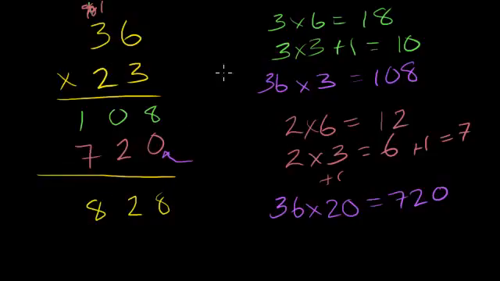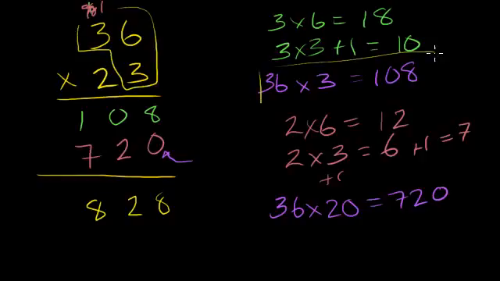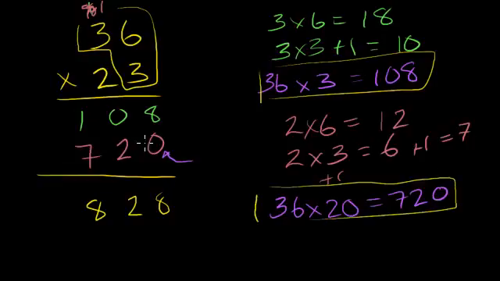Now you're saying, Sal, why did that work? Why were we able to figure out separately 36 times 3 is equal to 108, and then 36 times 20 is equal to 720, and then add them up like that? Because we could have rewritten the problem like this. The original problem was this.